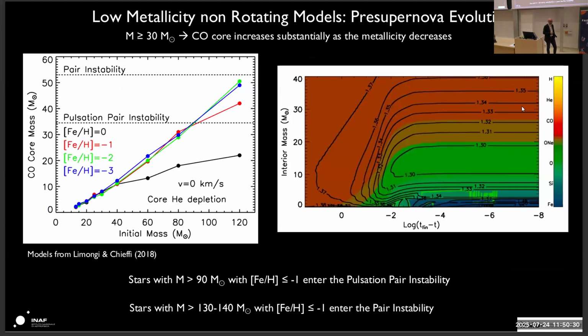As I mentioned before, the carbon-oxygen core mass increases with increasing mass at low metallicity much more than it happens in the solar metallicity case. And we find that for stars with initial mass, let's say, larger than 80-90 solar masses, the carbon-oxygen core mass becomes large enough that the star enters the pulsational pair-instability regime.